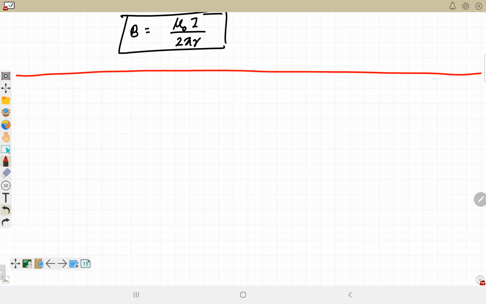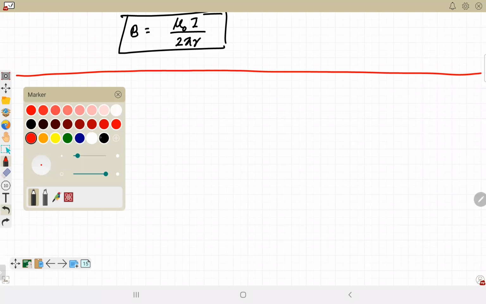Now, second case for which we could not use the Biot-Savart law. Biot-Savart law we can apply only when it is a very, very thin, finite wire.